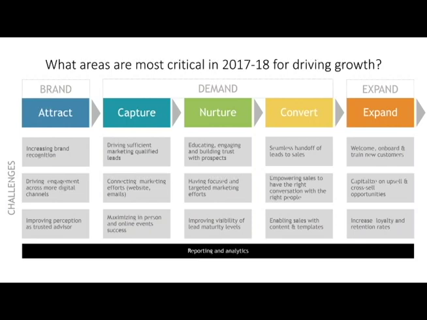And as they move into the nurture phase of that, like Scott said, you're educating them and you're building the trust with them. And then when that actually is a conversion over, man, if you look at the middle thing right here, you are empowering your sales to have the right conversation with the right people.